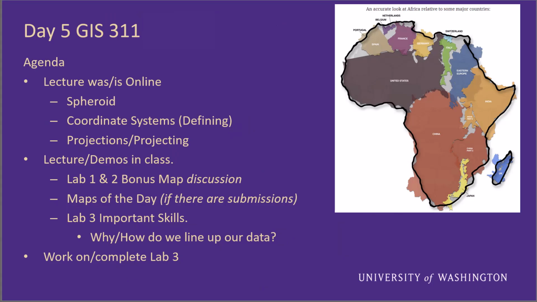For day 5, the agenda is this lecture. It will be online. We're going to talk about spheroids, coordinate systems, defining coordinate systems, projections, and projecting. In class, the live portion, or Zoom, depending on what we do for your particular section, there will be lectures and demos.